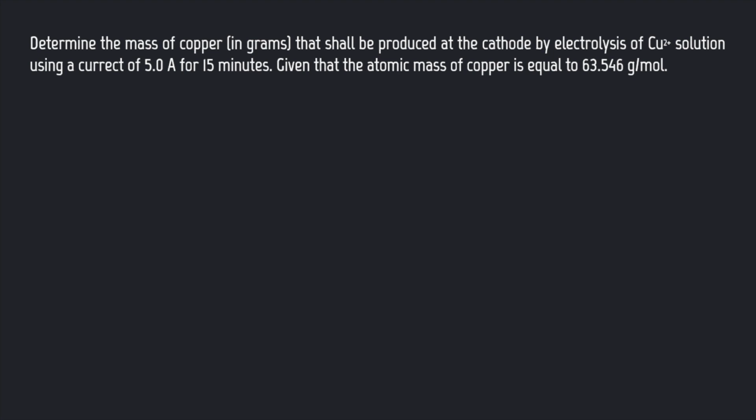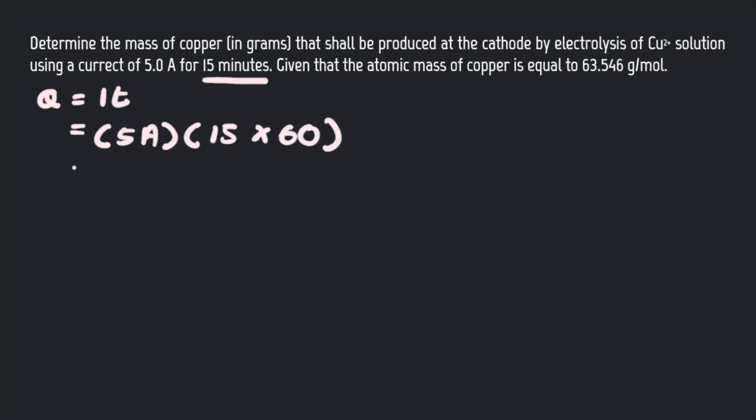Right, the first step is to use the formula Q equals I T. I is the current, which is 5 ampere, and T is the time in seconds. Because this is given in minutes, 15 minutes, 1 minute is 60 seconds, times 60, so you will get Q equals 5 times 900, therefore Q is equivalent to 4,500 coulomb.